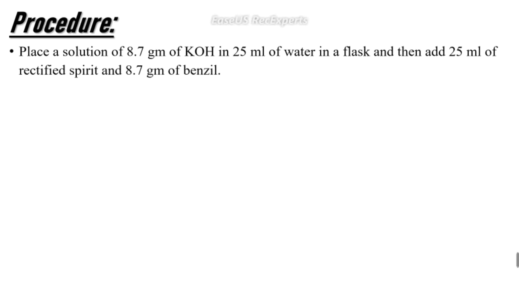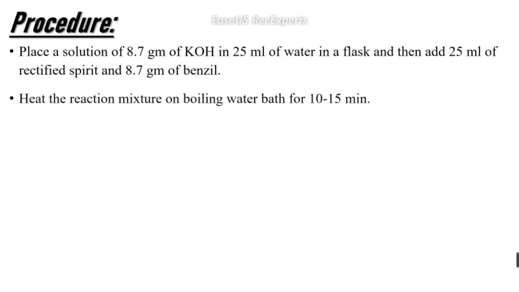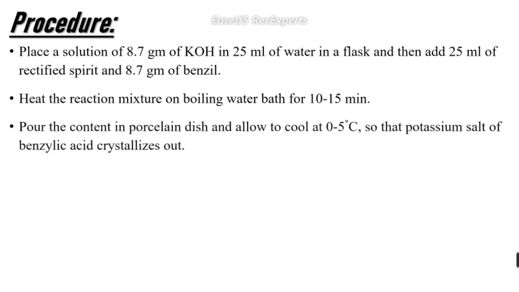Then we have to add 25 ml of rectified spirit and 8.7 gram of benzil. Then we have to heat this reaction mixture on a boiling water bath for about 10 to 15 minutes. Then we have to pour this into the porcelain dish and allow it to cool at 0 to 5 degrees Celsius so that the potassium salt of benzilic acid crystallizes out.